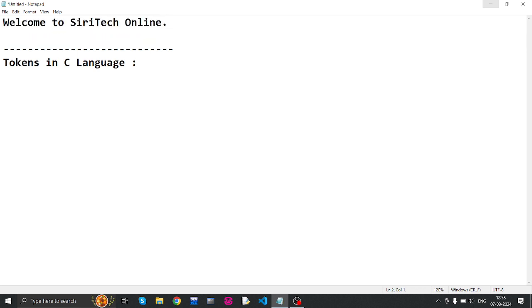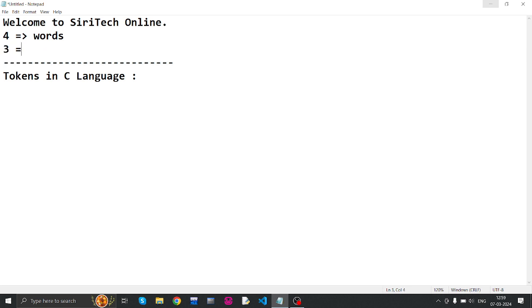To create this sentence, we used 4 words: Welcome to Siri Tech Online. How can we say they are 4 words? Because they are separated by space characters. A space is an invisible character, but still it has some meaning.